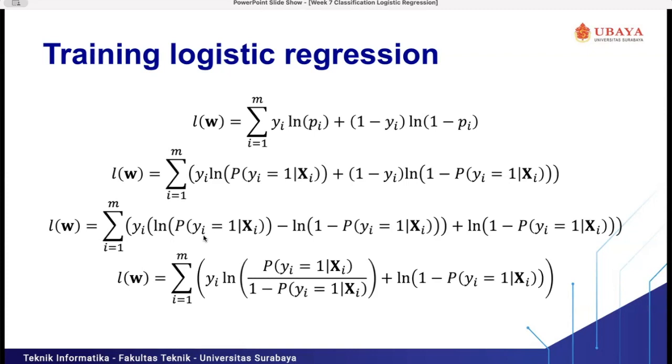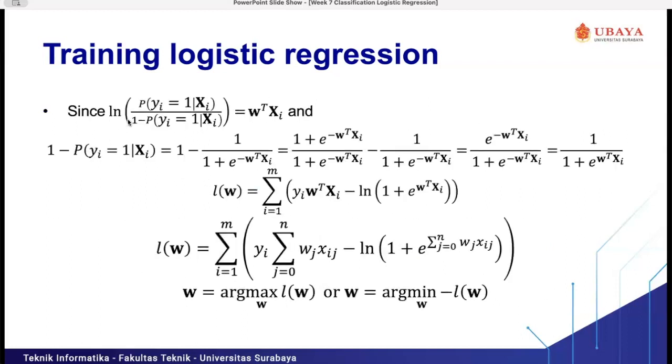We can assume this value is a and this value is b, so ln a minus ln b will be ln of a divided by b, multiplied by Yi, plus this logarithm, right?